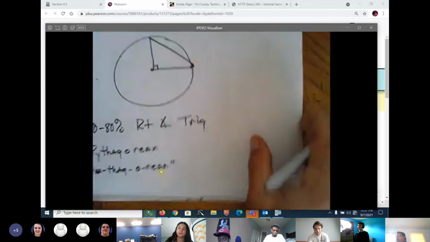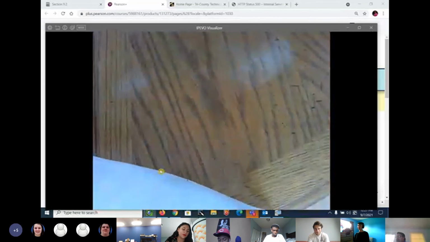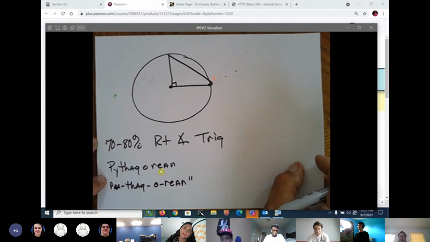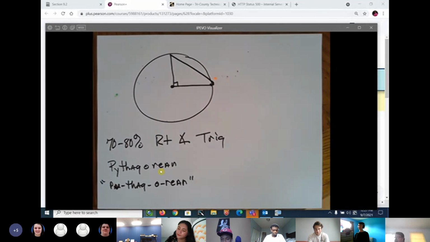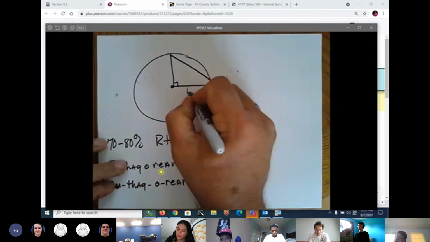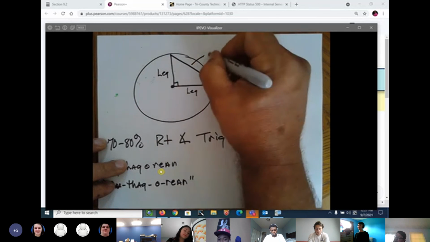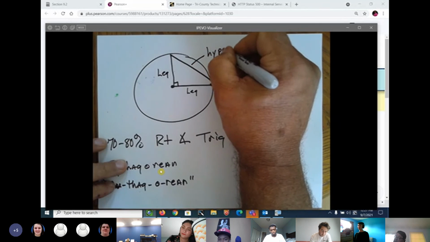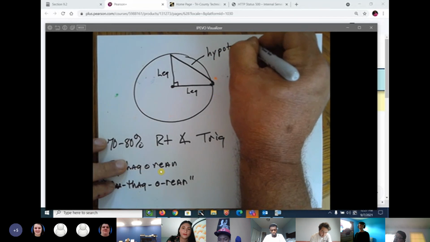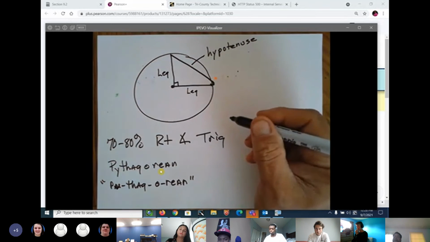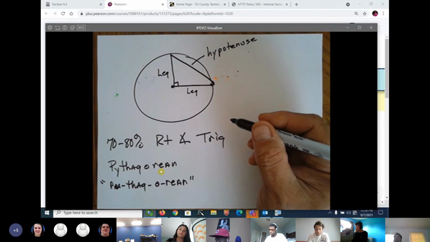And the Pythagorean theorem basically says that the square of the hypotenuse is equal to the sum of the squares of the legs. So this is a leg, this is a leg, and this is the hypotenuse. Okay, so make sure you can say hypotenuse.